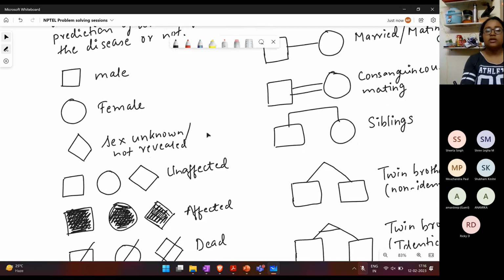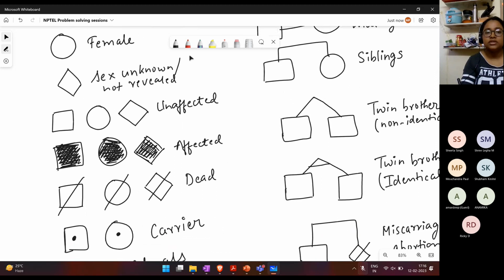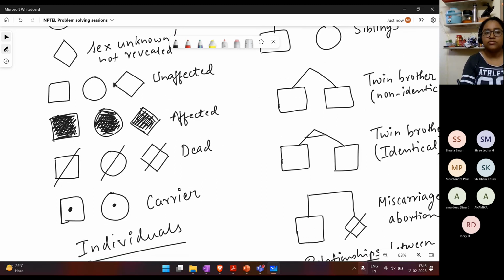So in a pedigree, we use certain symbols to denote who are males and females, and so on. A square is used for male, and female we denote by a circle. You are all aware of these symbols, I hope. If the sex is not known, we use a diamond shape. We do not fill the symbol if the person is not showing the phenotype, that is, unaffected.